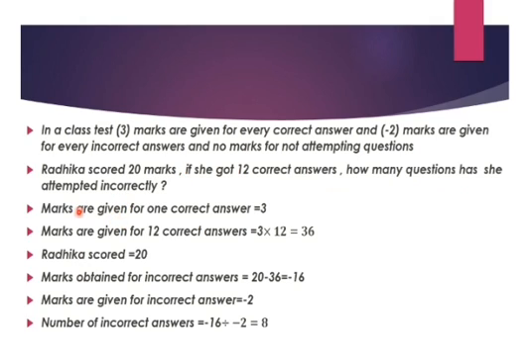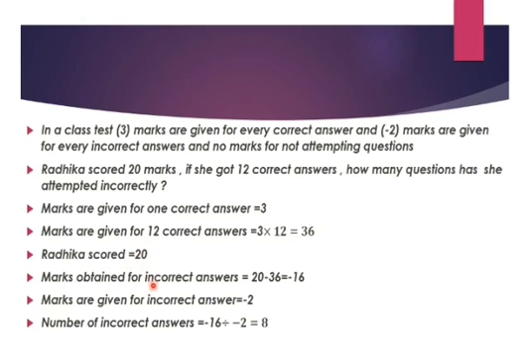The marks given for 1 correct answer is 3. So the marks for 12 correct answers is 3 into 12, 36. But the actual score of Radhika is 20 marks.